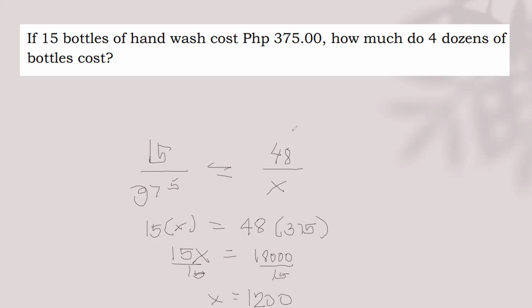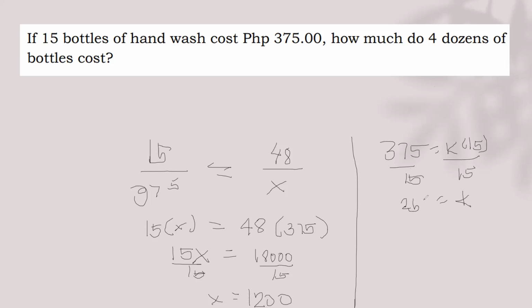Let us check using the constant of proportionality kung tama ang sagot natin na 1,200. 375 ang babayaran natin kung ang bibilhin natin ay 15. Kapag dinivide natin ng 15, ang K natin ay 375 divided by 15, which is 25.